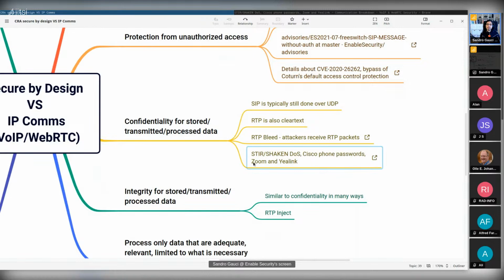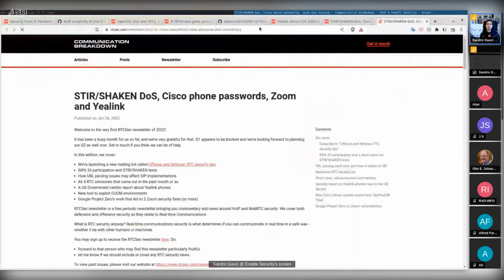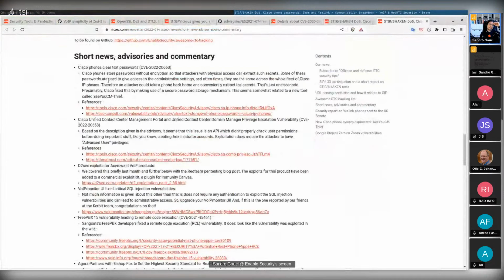And then, so that I could look at something that is more about stored data, I linked to this. There was an advisory last year which spoke about stored passwords on Cisco phones without any encryption and so on.